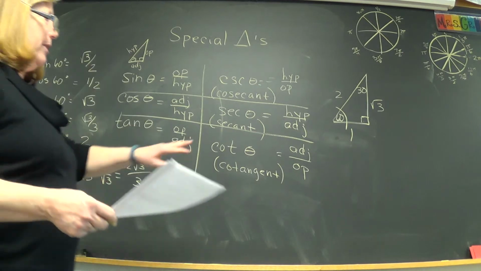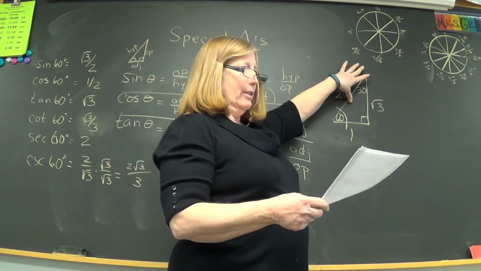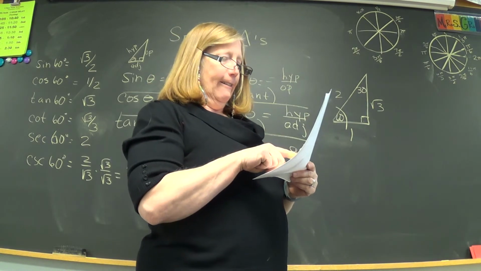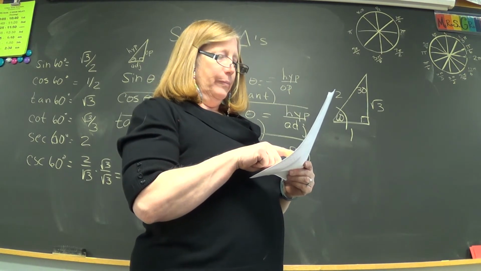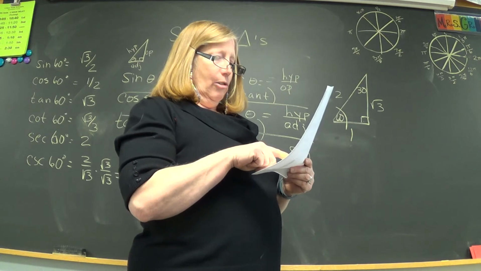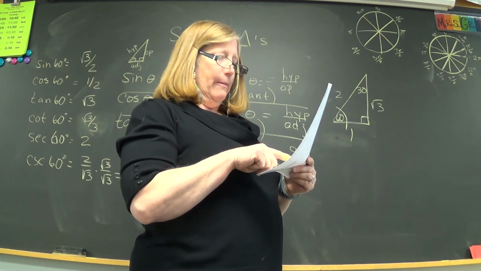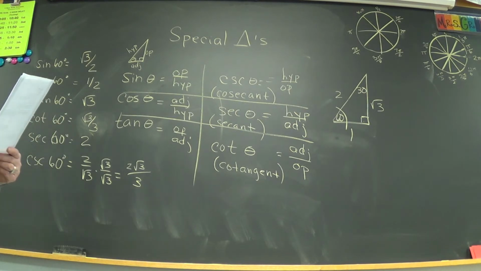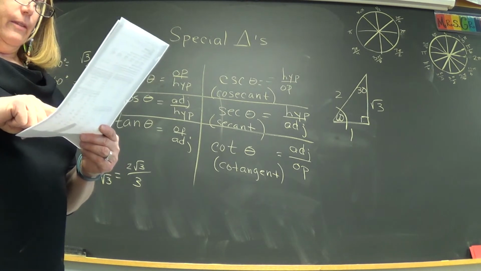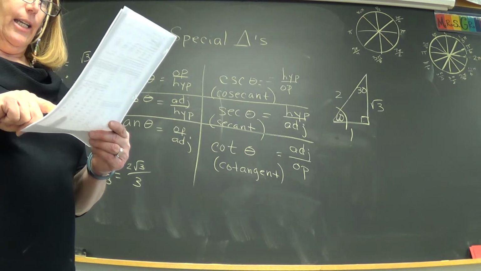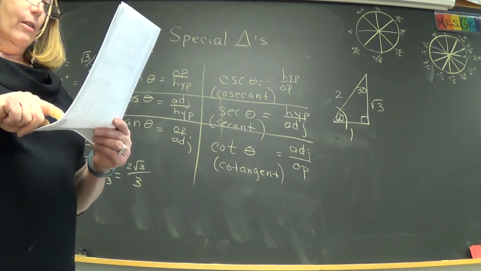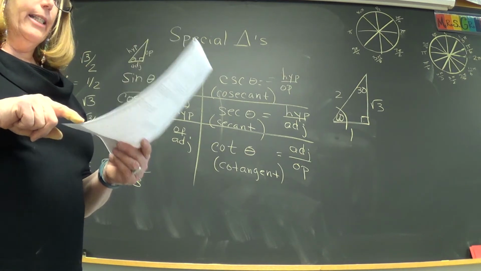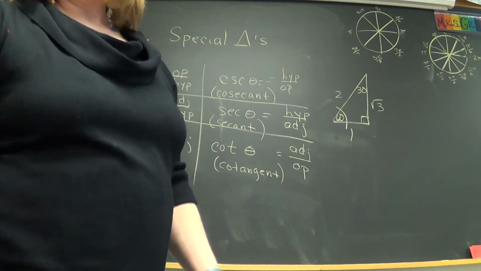So we only can do 30s and 60s. That's all we've discussed. So number 17, number 19, number 21, number 23, and number 26. Could you circle those for me?